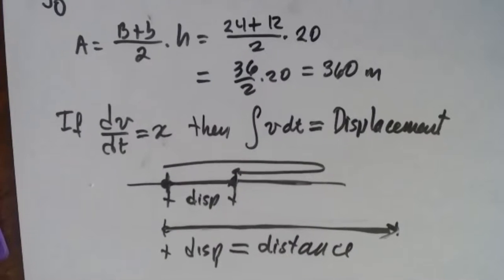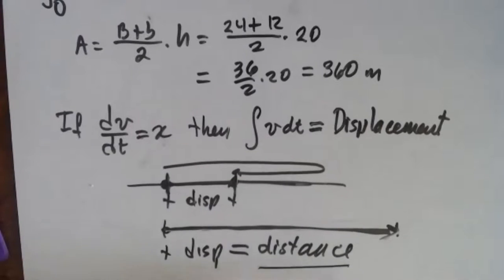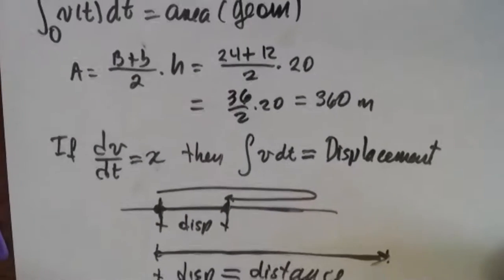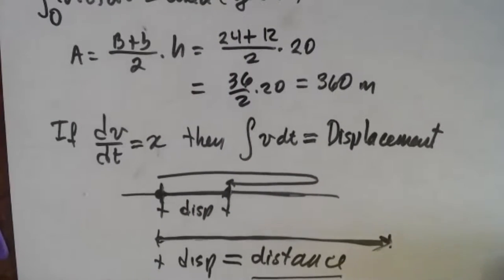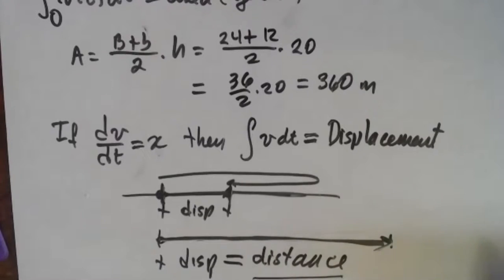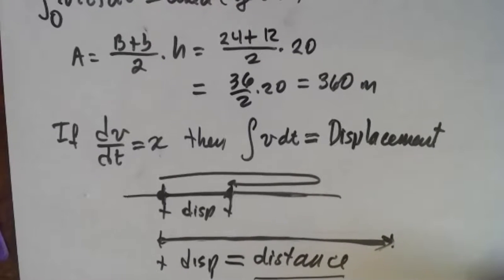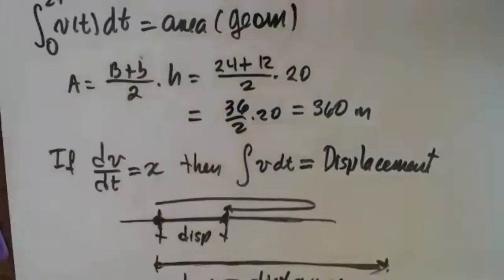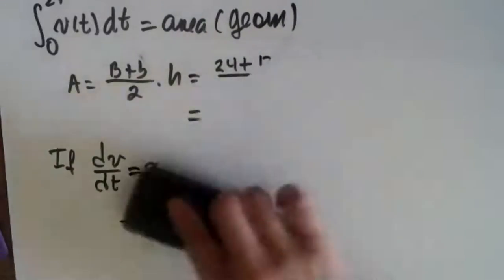So it's just distance. It's the distance traveled. Perfect. Not a big deal, correct? It was easy. Let's see the next problem.